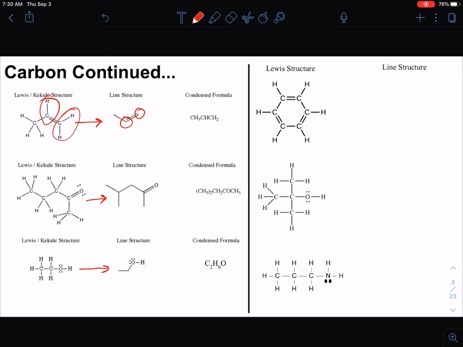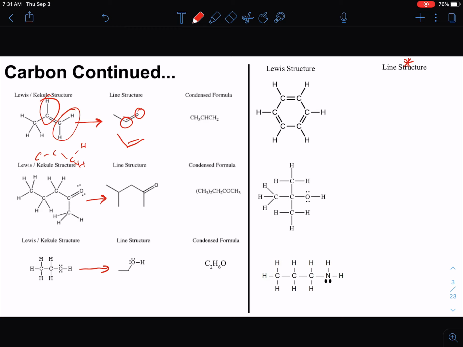It's shorthand. It's a lot easier to draw the structure above like that than to draw all the carbon, carbon, carbon, hydrogen. It's a lot faster to draw those. So what we have over here with these line structures off to the right is just going through practicing drawing them and recognizing how they would be drawn.